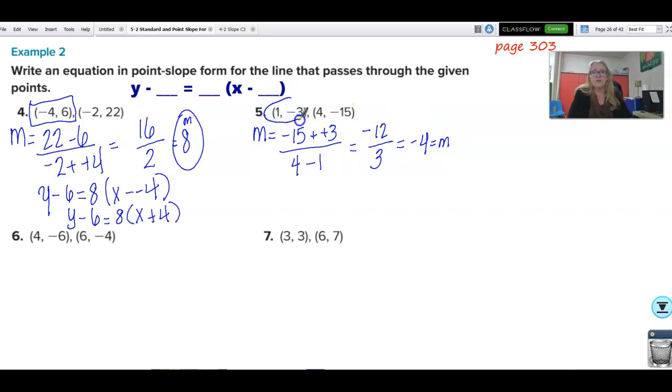I'll go ahead and just use the first point to be consistent. Means y minus the y coordinate. Now the y coordinate's -3. We know we're going to have a minus and negative thing going on here. So let's just go ahead and change it to plus. I know you all would have. Y plus 3 equals slope, which is -4, times x minus the x coordinate, which is 1. And that's our final answer for that one.